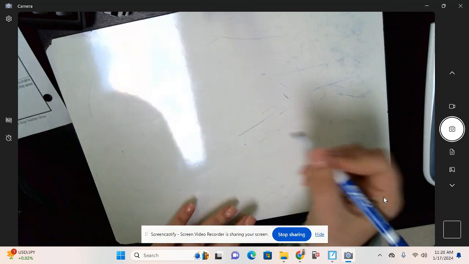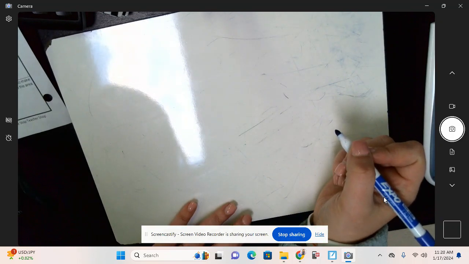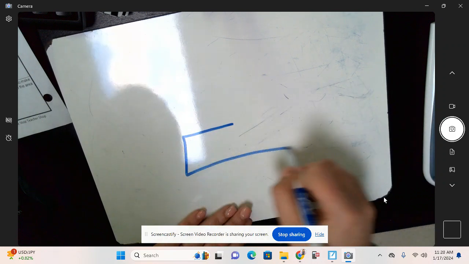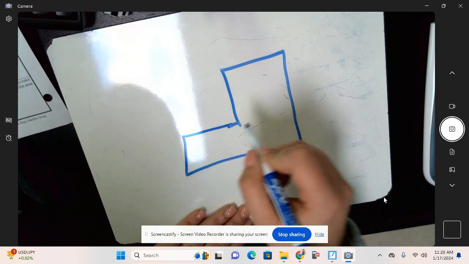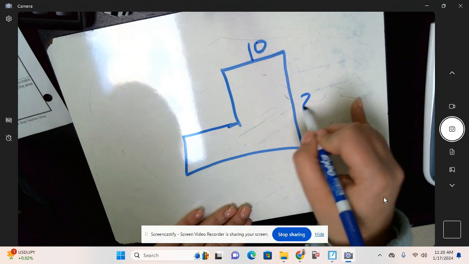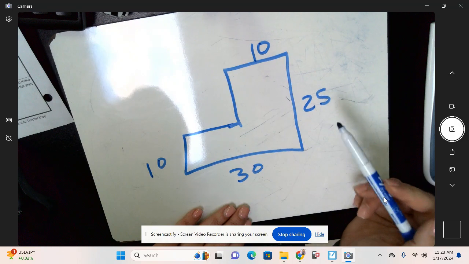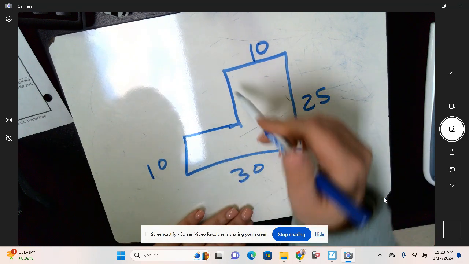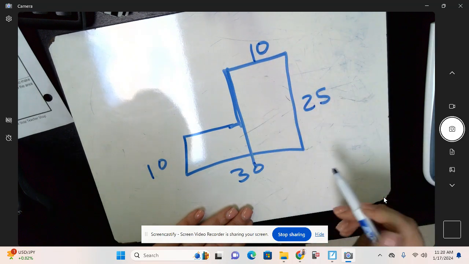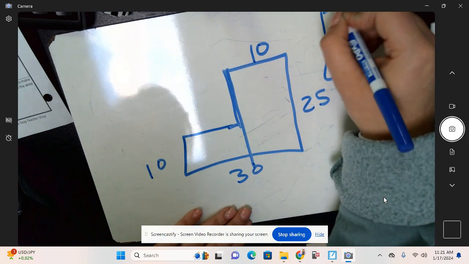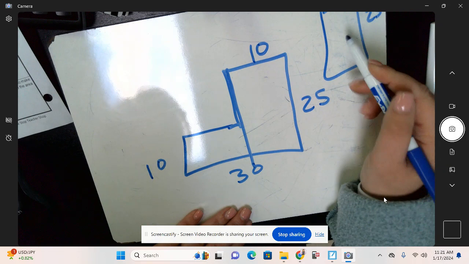And number 18 says Kevin is going to purchase sod for his backyard. How many square feet of sod will Kevin need? So he's kind of got this L-shaped looking piece of lot here. Okay, and if I split it into pieces that I know, I could split it like this. Now I have a rectangle here that is 10 by 25 that I need to find the area of.